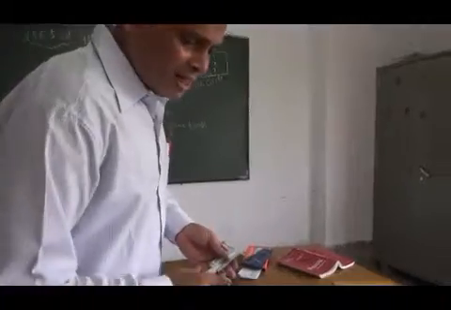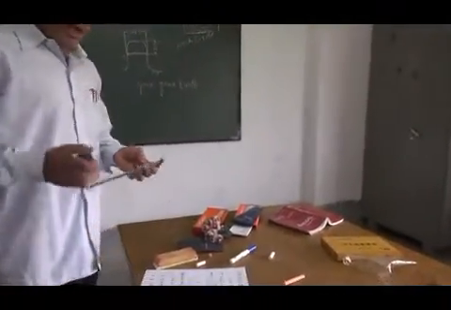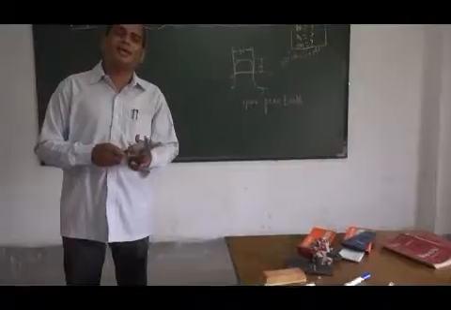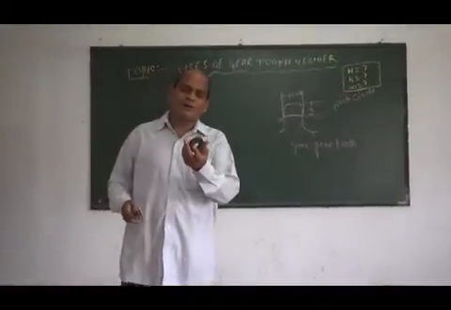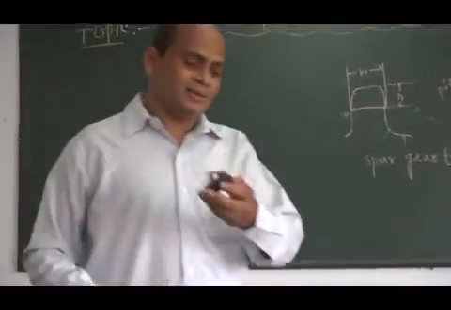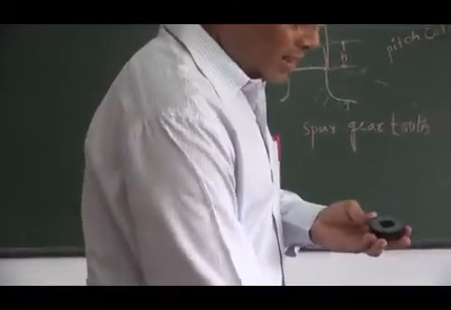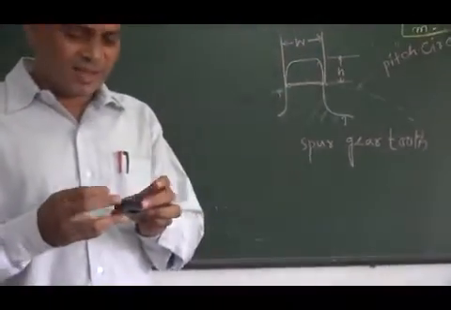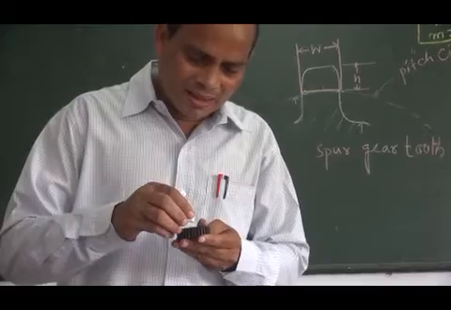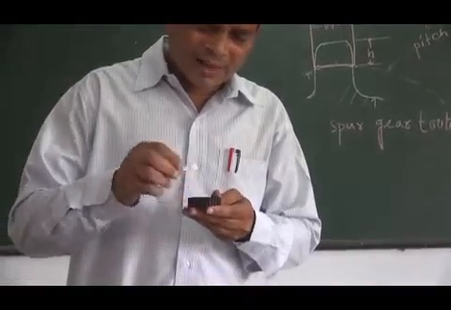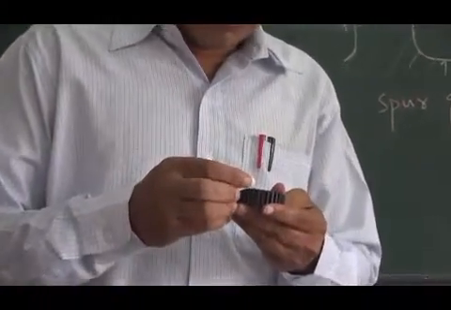This is the plain vernier caliper and this is the gear. First we find out the number of teeth of this gear. Calculate the number of teeth first, mark one tooth and count it.